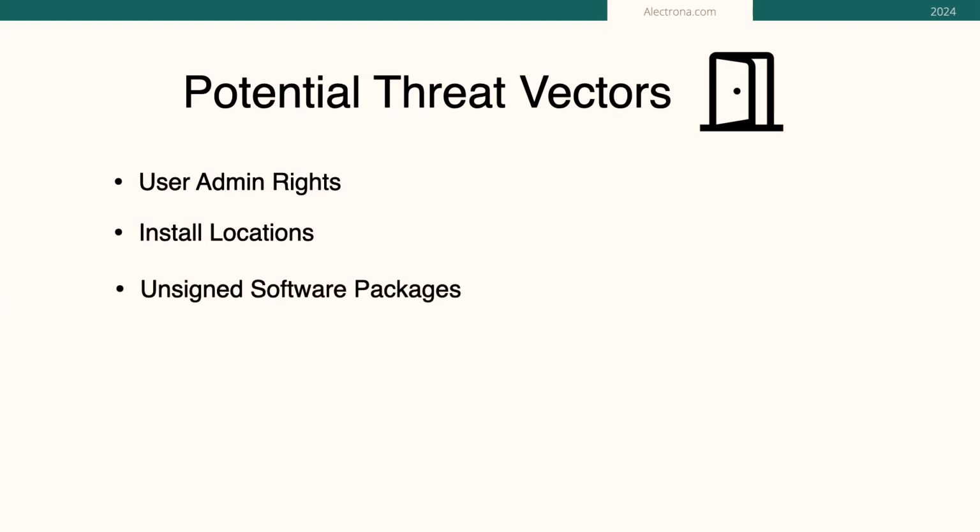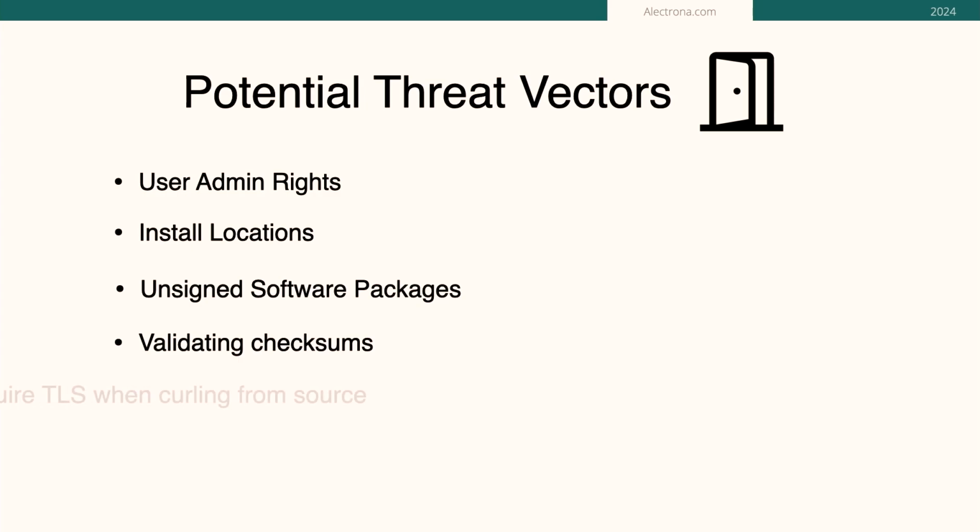And then obviously unsigned software packages, bad, and privileged users could bypass Gatekeeper and proceed with installation of any package file. And then, of course, validating checksums ensures that the package contains the expected contents.